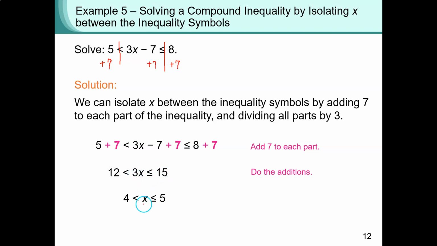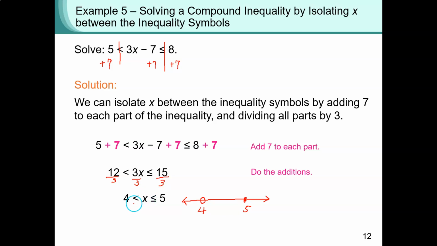We want to see the single x, not the 3x. So divide by 3, divide by 3 into each interval. So by the end, you have x is greater than 4 and less than or equal to 5. If I interpret this solution on the number line, I label the 5. 5 is a closed dot because it has an equal sign. 4 is an open circle because there's no equal sign with the 4.